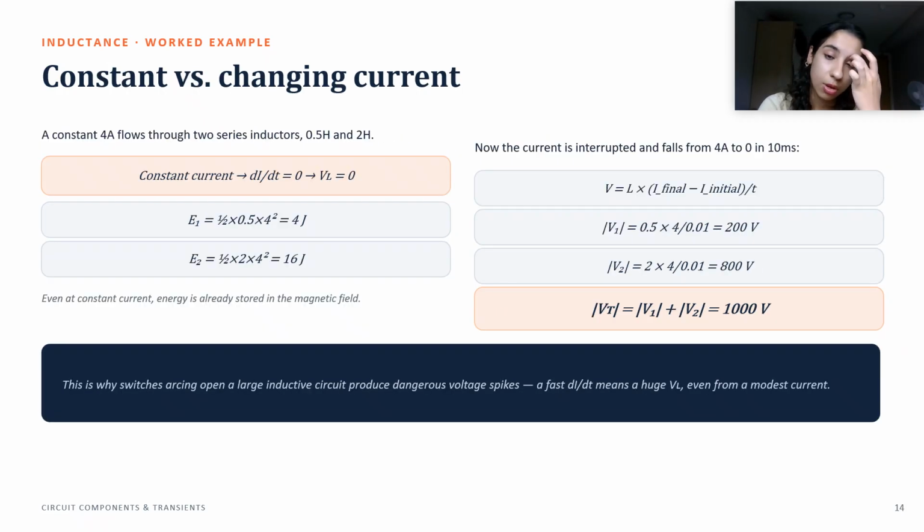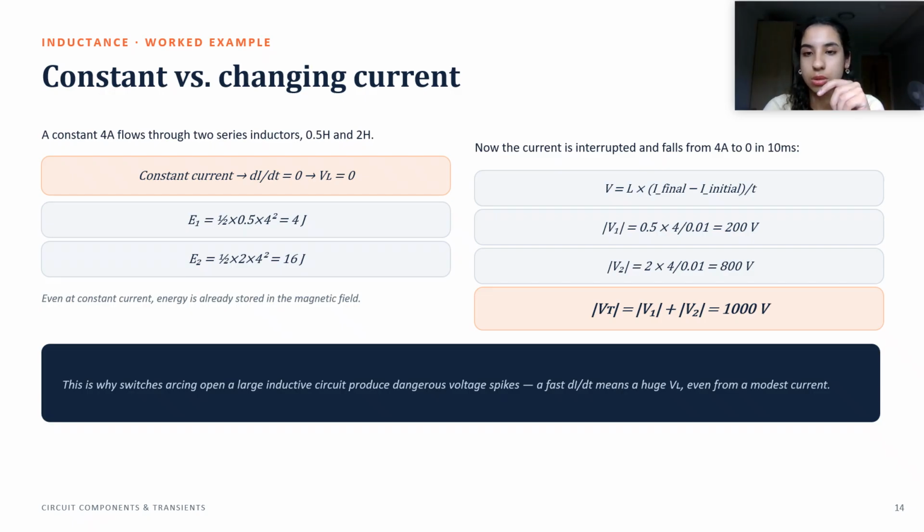Now, constant current versus changing current. This is another worked example. If the current is constant, then we know the change in current over change in time is obviously 0. Therefore, the voltage across an inductor is 0.